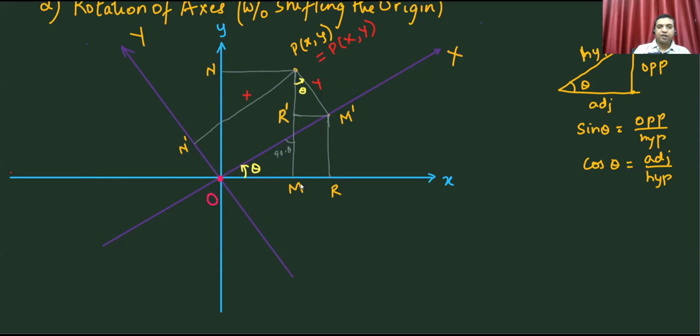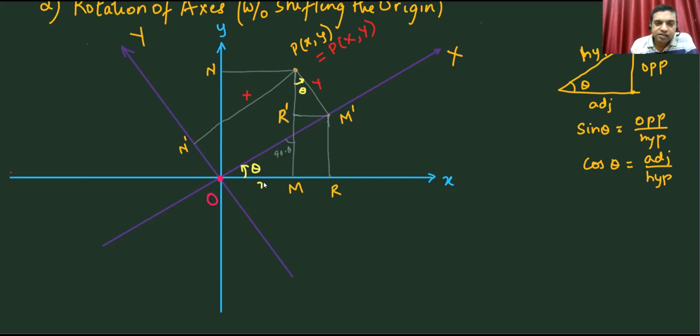So now we observe this triangle, O R M dash. Okay, now in this, this is capital X and this is our small x. OM, I'll mark here.